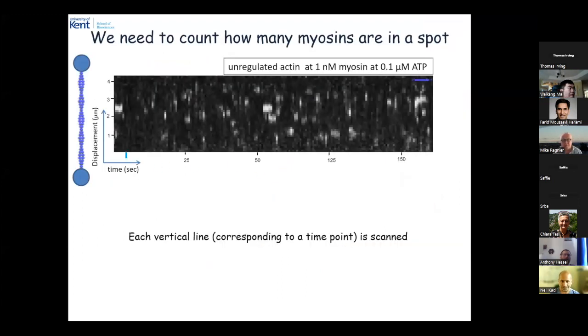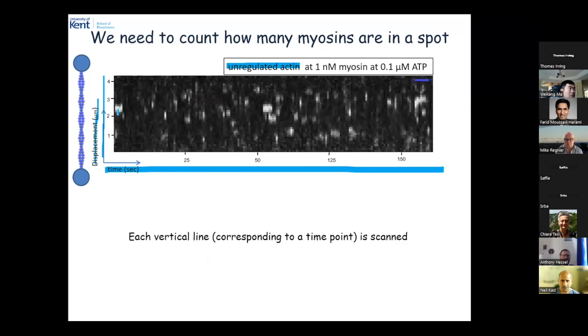We analyze these data. This is actually unregulated, so this is naked actin. We analyze this data using a kymographic approach, which means that we're plotting the position along the y-axis, so this is displacement versus time along the x-axis. You see these little fluorescent dots, and they correspond to a single myosin binding. We run a sliding window across the data, and this is where I paused it.